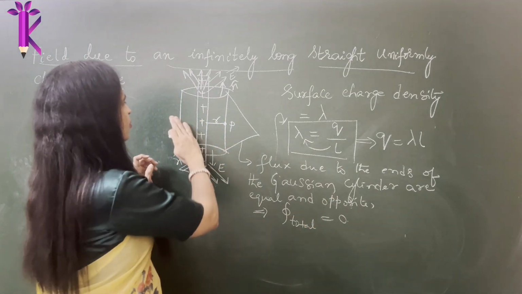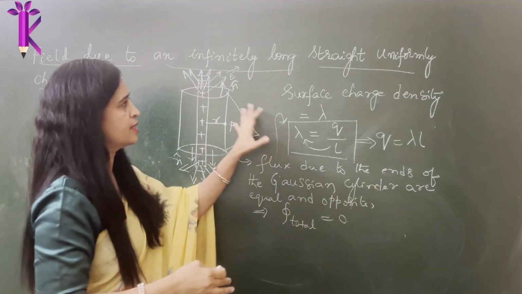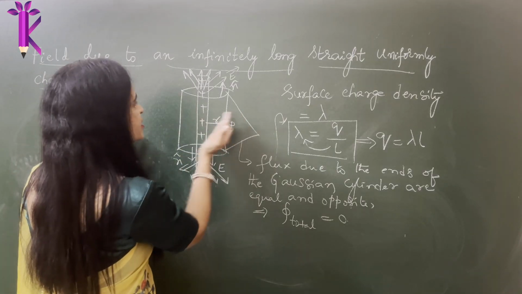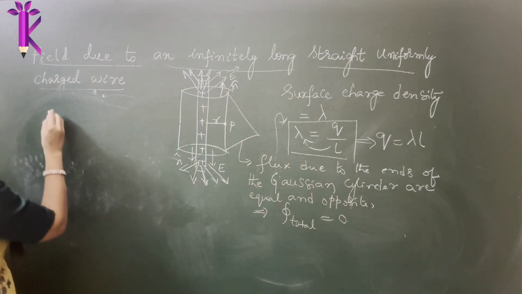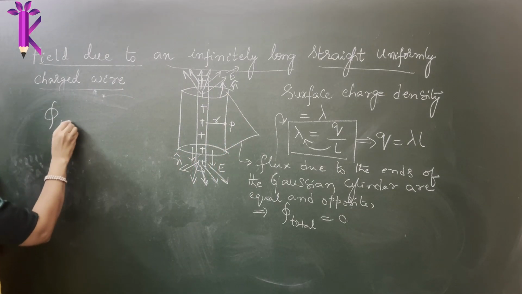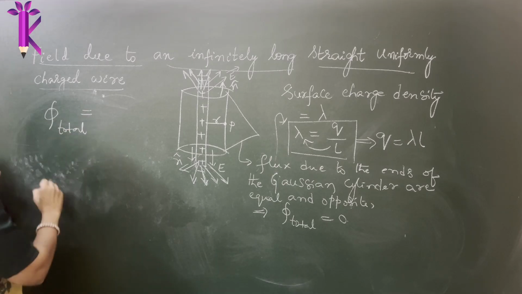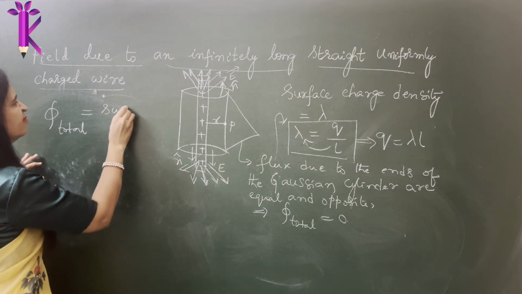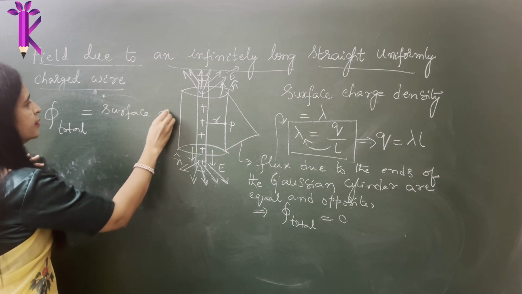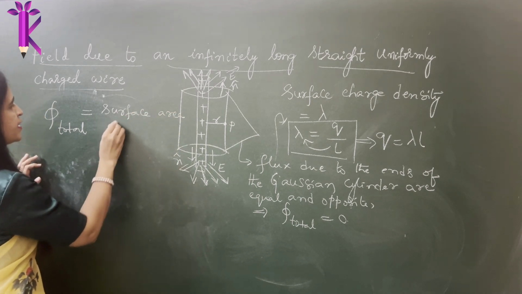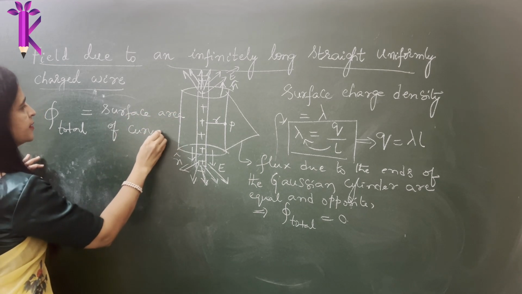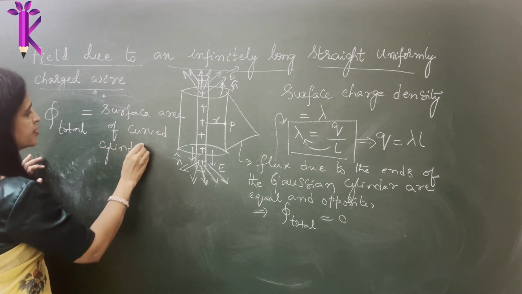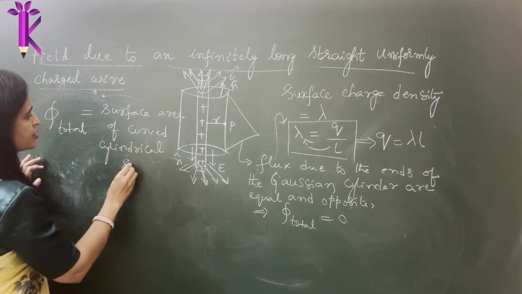So what is the flux that contributes to the electric field? It is only due to the curved surface. So the total flux is contributed only by the surface area of the curved cylindrical shape, right? That is the only contribution.